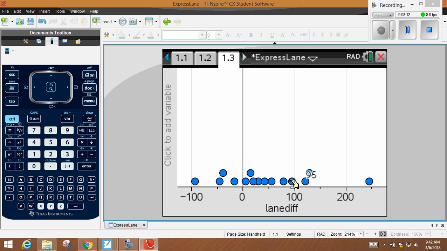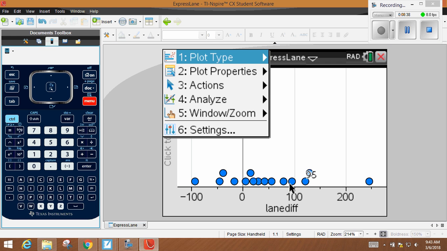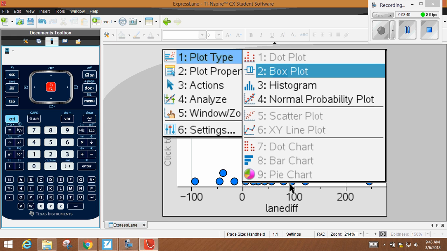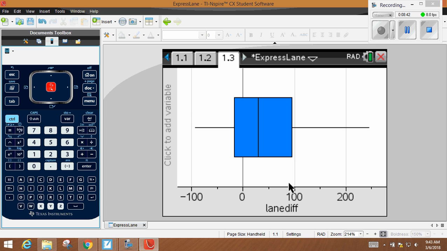I don't know if that's an outlier or not. There's a very cool trick to find out if it's an outlier. If I make a box plot, it'll actually tell me if it's an outlier. It actually does the calculation for me. So let's go ahead and change this to a box plot. It is not an outlier.